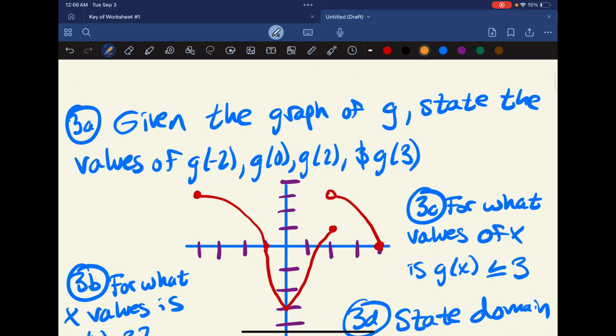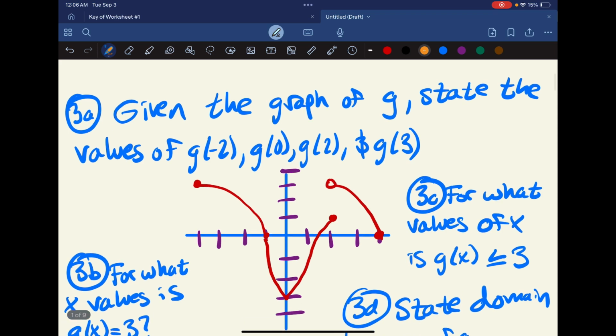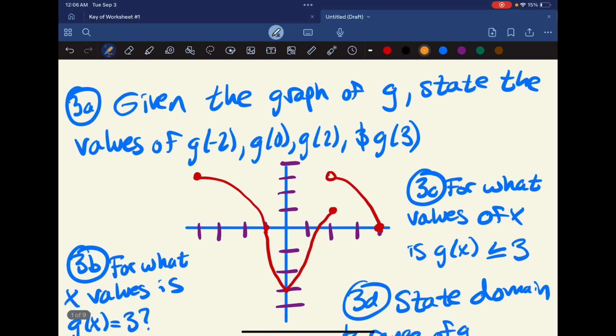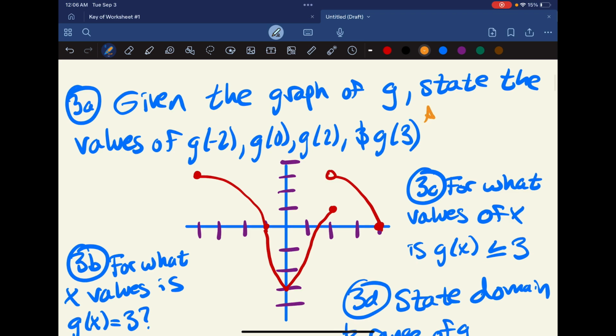So, okay, now 3a. Given the graph of g, state the values of g of negative 2, g of 0, g of 2, and g of 3. So at least for a, we'll denote these answers in yellow. So g of negative 2, we're just being asked to pull from the graph.